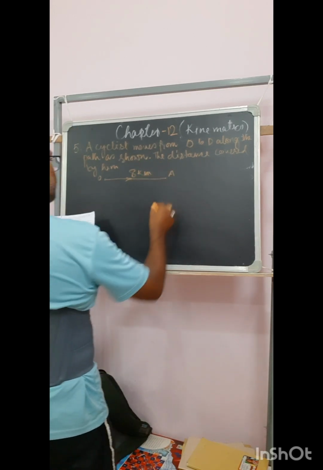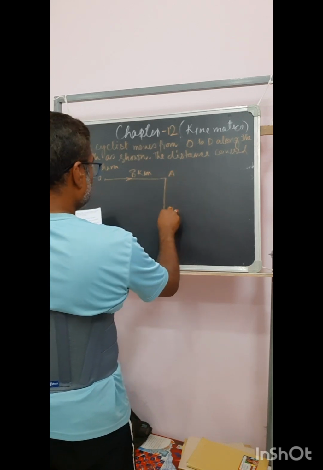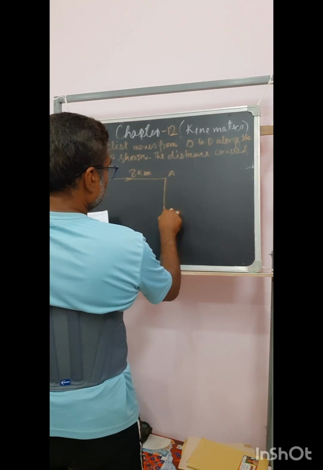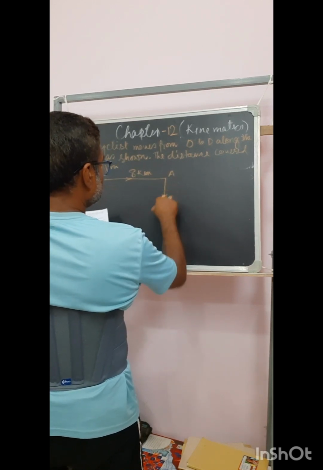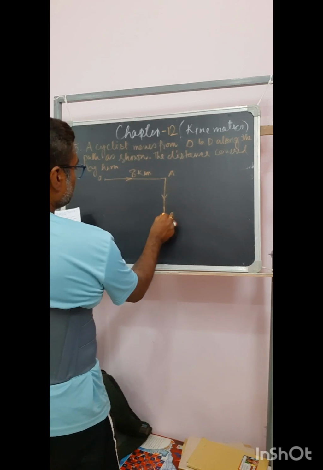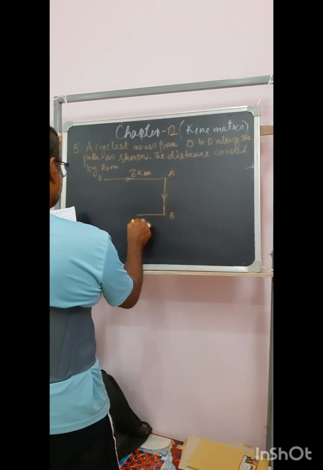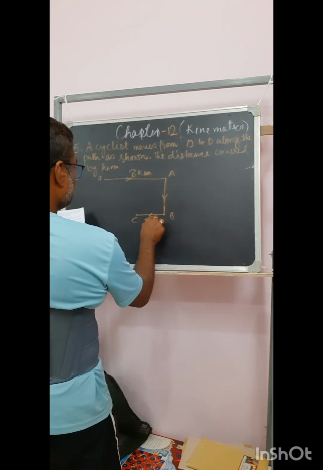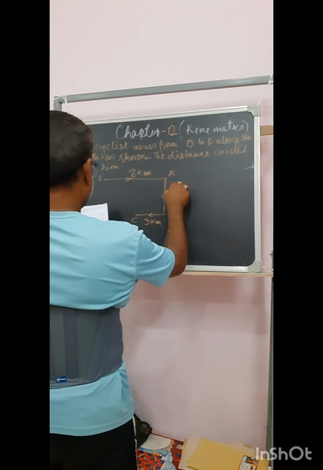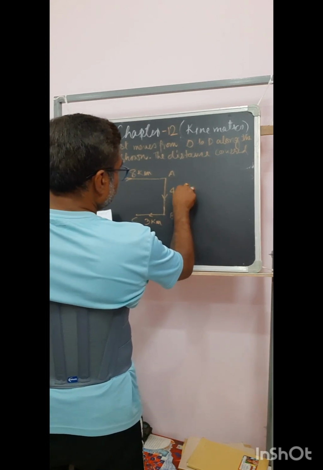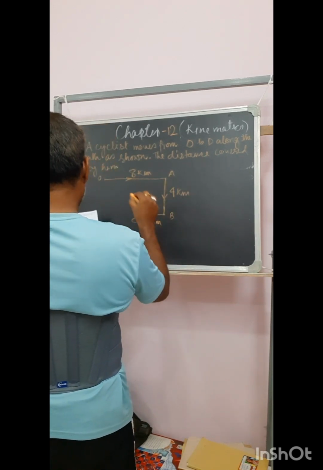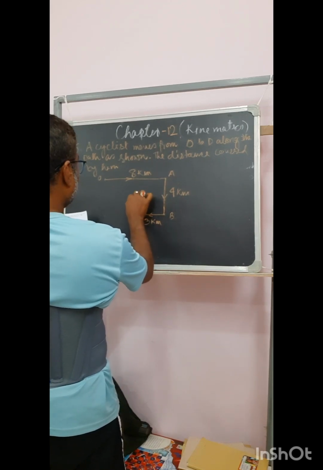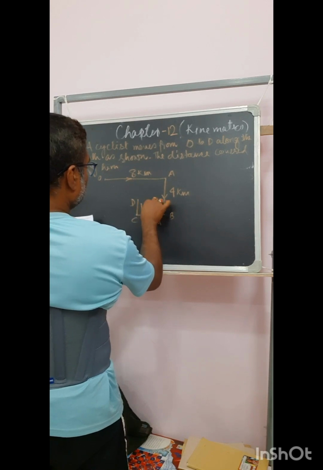Then from A downward to B in this direction, and then from here to C in this direction, 3 kilometer, this is 4 kilometer, and from here again 1 kilometer at point D, 1 kilometer.